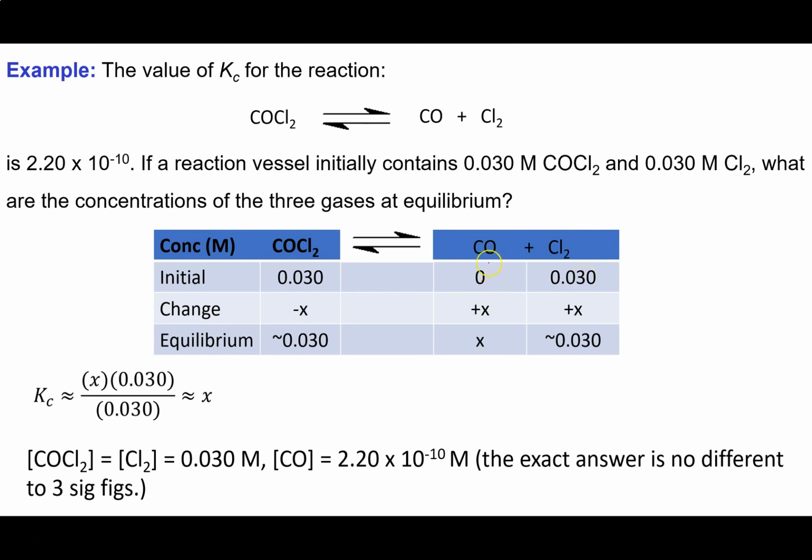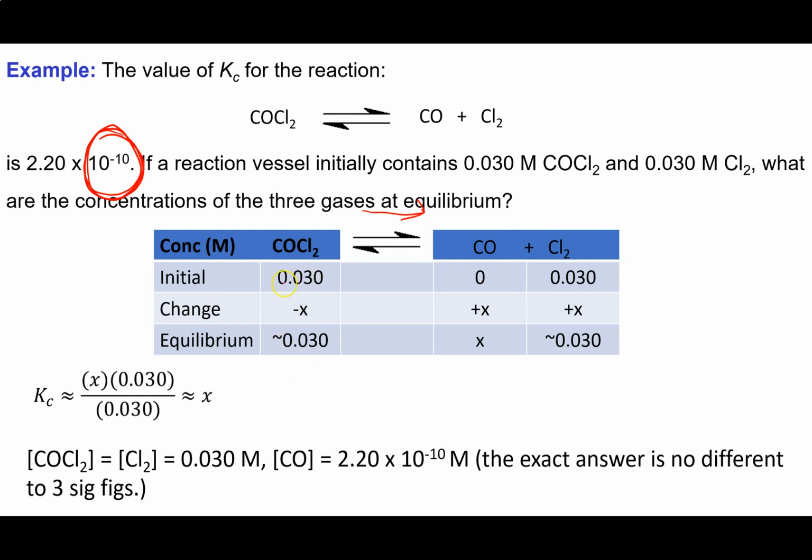Because we have none of the CO, we know that the equilibrium can't move to the left. The equilibrium has to move to the right because there just isn't any CO to react. So what's going to happen is that the COCl2 will go down by X, the CO will go up by X, and the Cl2 will go up by X. As K is really tiny, it's not going to move a lot towards products.